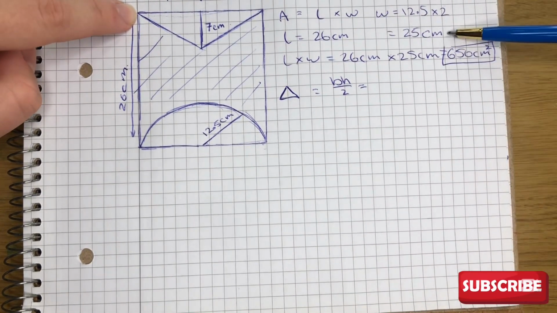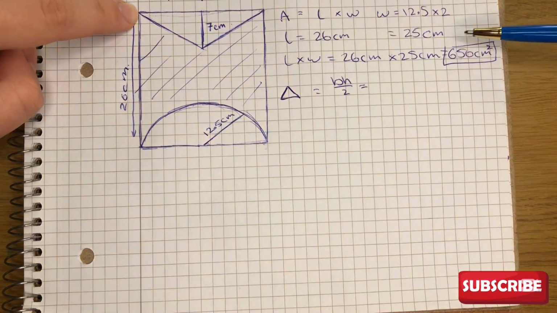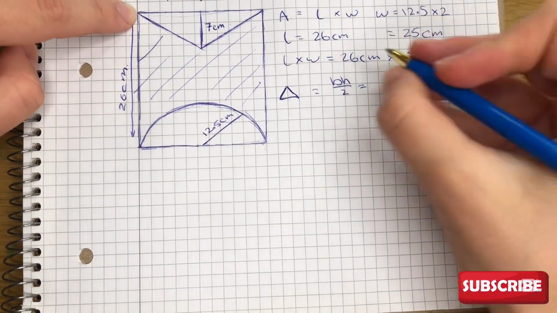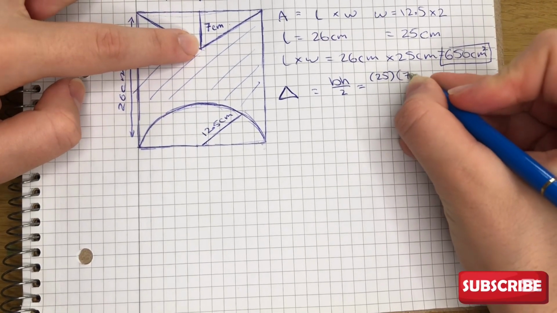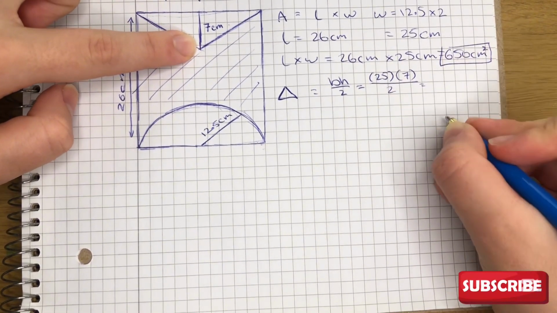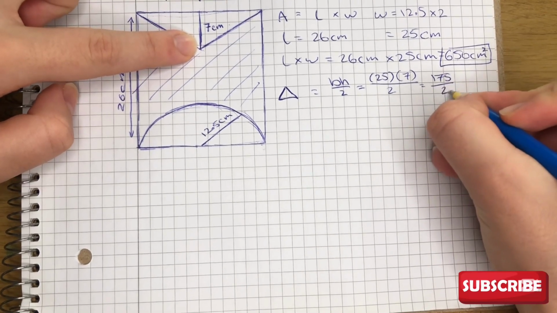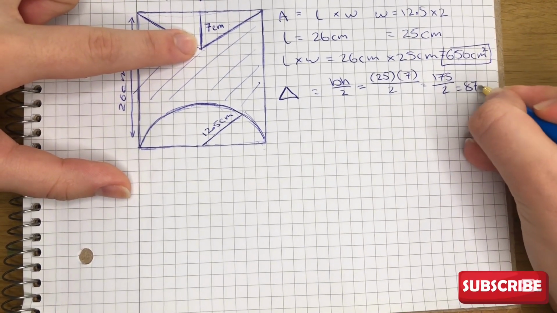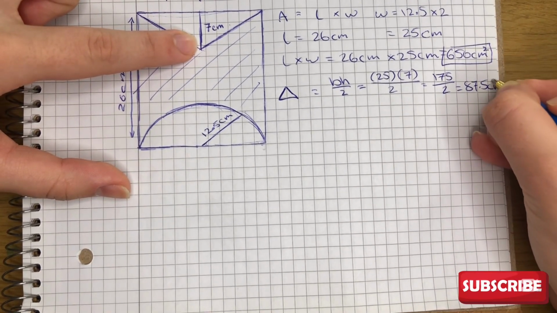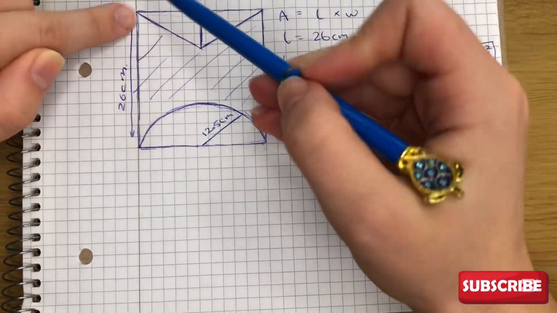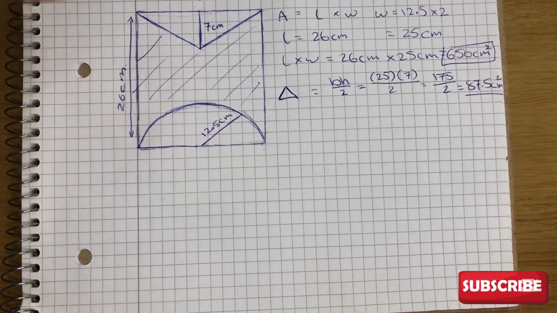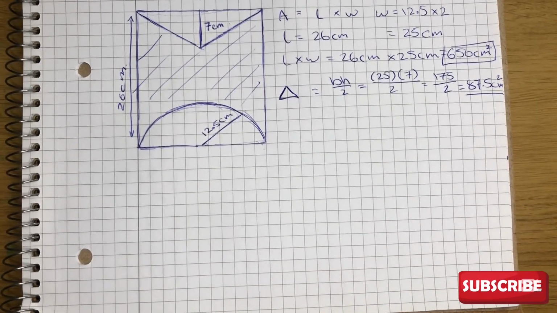And what is the width of the rectangle? It is 25. So we know that the base is 25 and the height is 7. Put that all over 2. Then you get 175 all over 2. And then you get 87.5 centimeters squared. So now this is the area of this triangle. So we're more than halfway there.